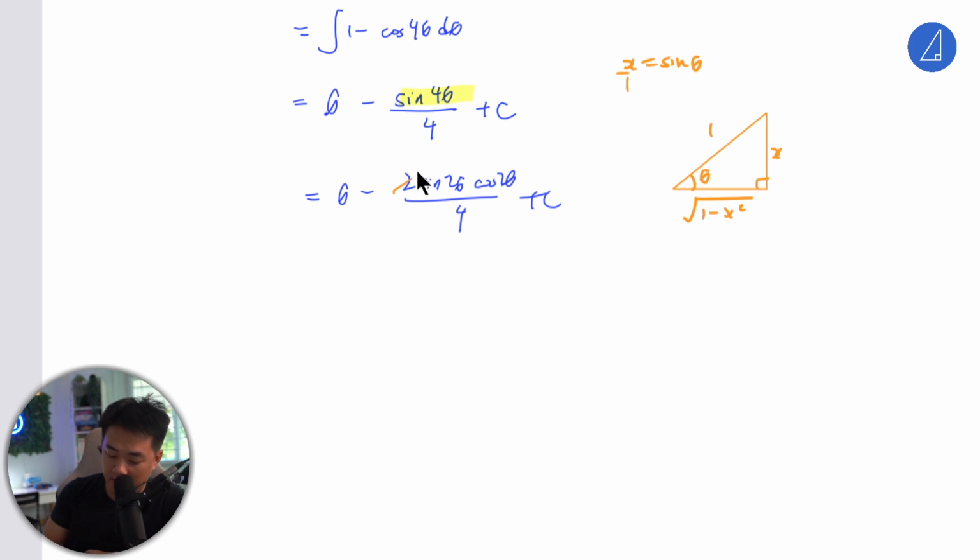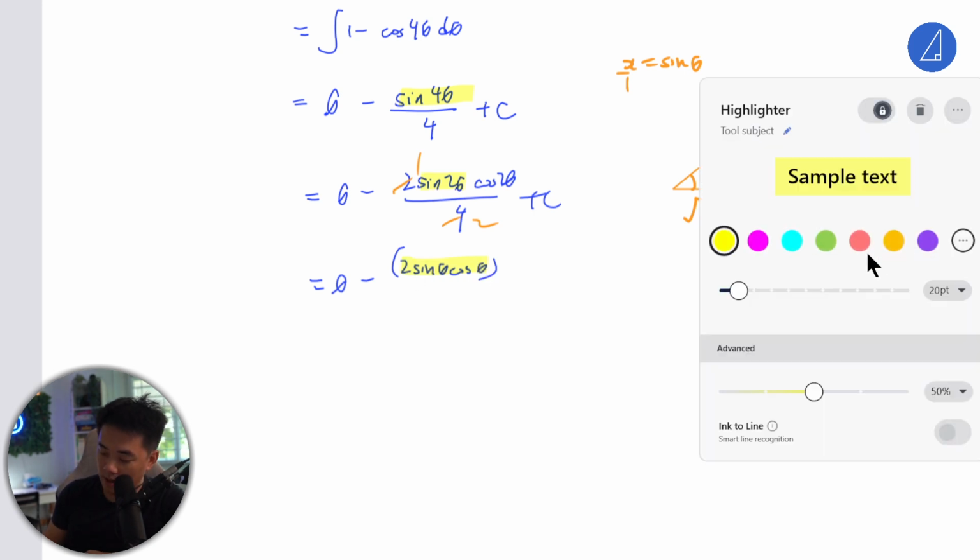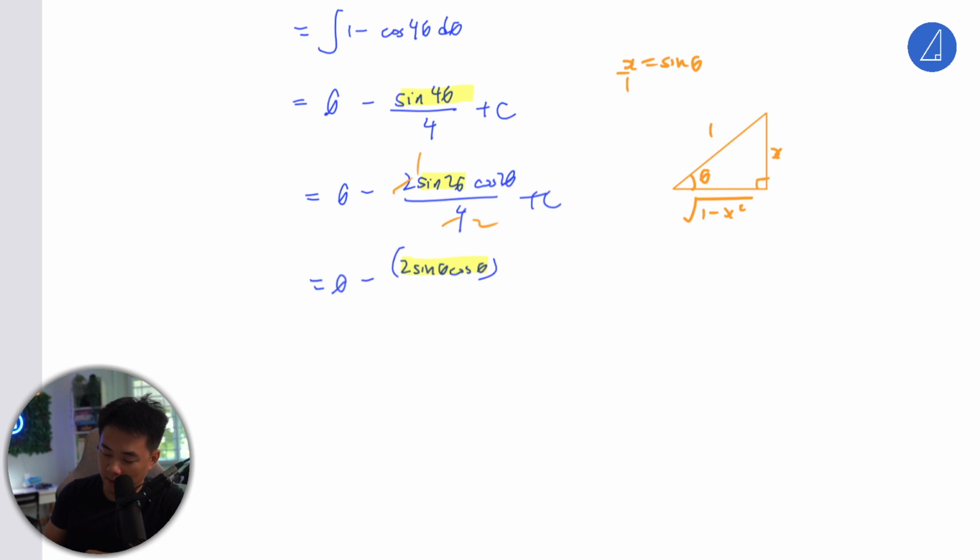So I'm going to cancel this off too. They're left with theta minus 2 sine theta cosine theta. This is this one, after which this will be in sine theta, so 1 minus 2 sine square theta over 2. That's it. Then this is plus c.